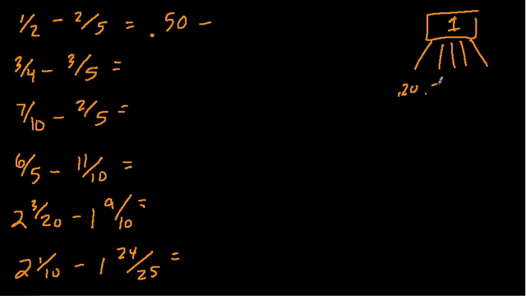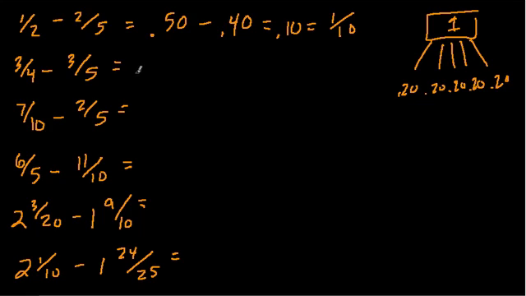Well, each of them would be 20 cents, right? That's what it means to find a fifth. So 1/5 is 20 cents. Here we have 2/5, and that's 40 cents. So we have 50 cents minus 40 cents, and that's 10 cents, or 1 dime, which we have talked about as 1/10.